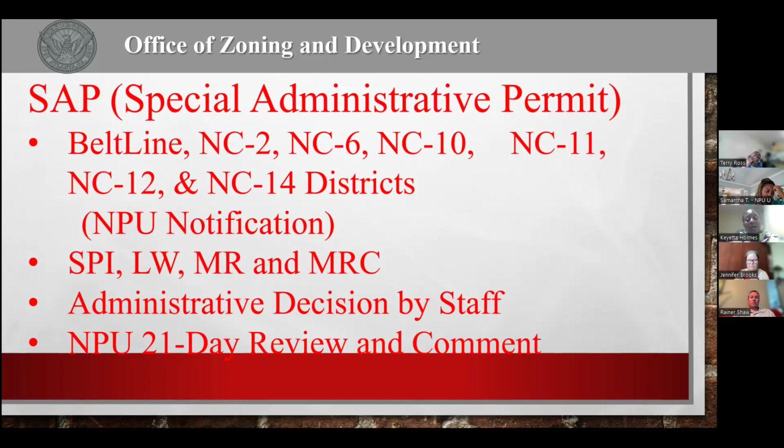The district itself allows multifamily, therefore the SAP review can continue. Only in an instance where a use is not permitted, let's say it is adult entertainment. Adult entertainment is only allowed in the industrial district. In my example, the district is MRC. That review will not continue because that use is not permitted.